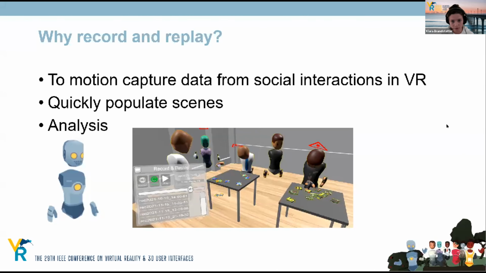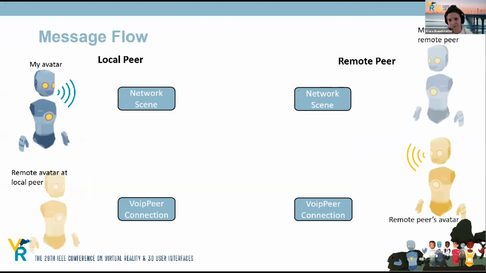But how does it work? So let's say we have me as a local peer, and I'm represented by the blue avatar, and I'm in a room together with the remote peer who is represented by the yellow avatar. And the remote peer's avatar is also shown on my side, and my avatar is also shown on the remote peer side.